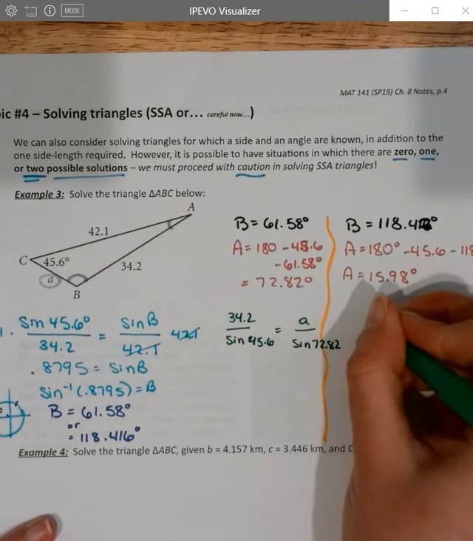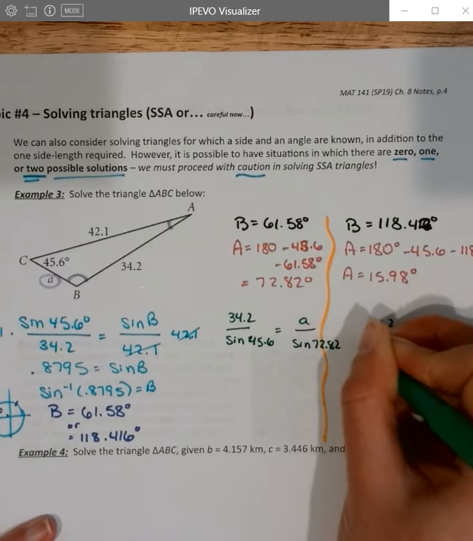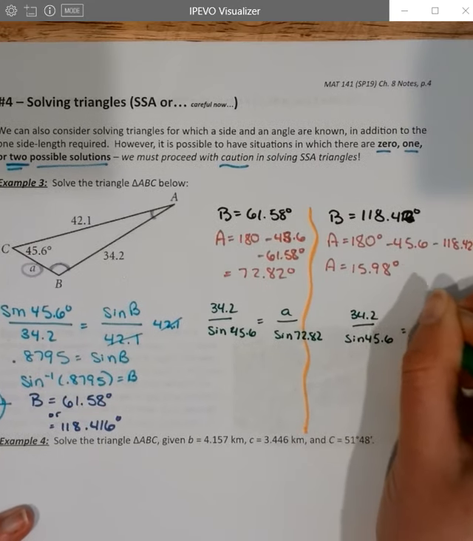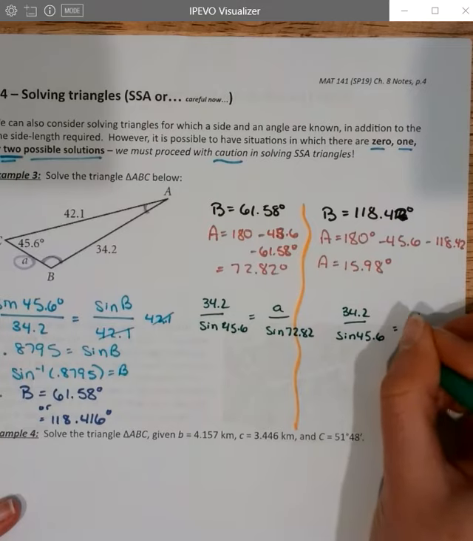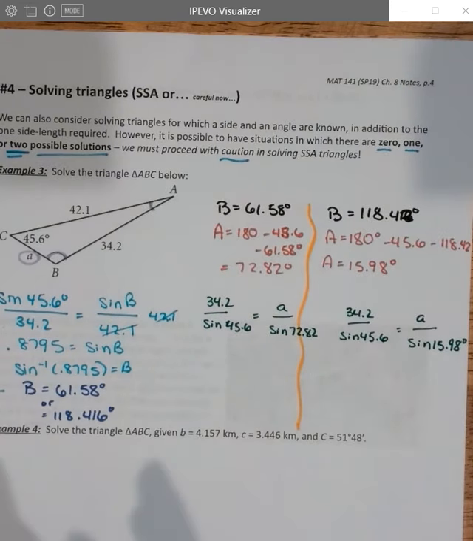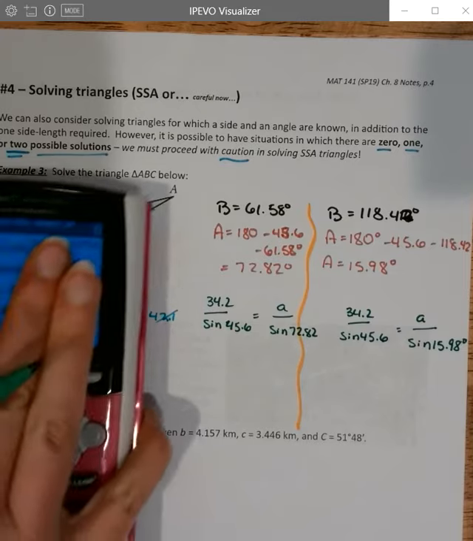In the other case, it's going to be 34.2 over sine 45.6 equals a over the sine of 15.98.